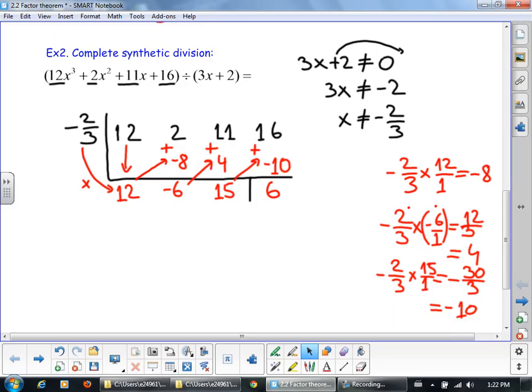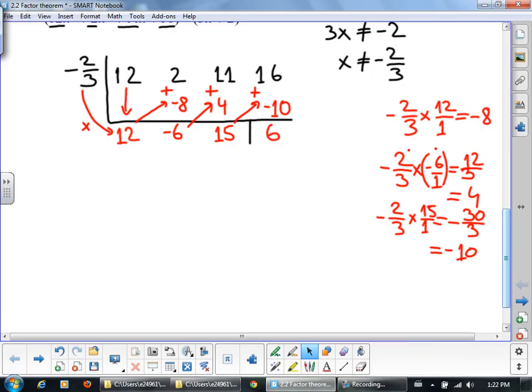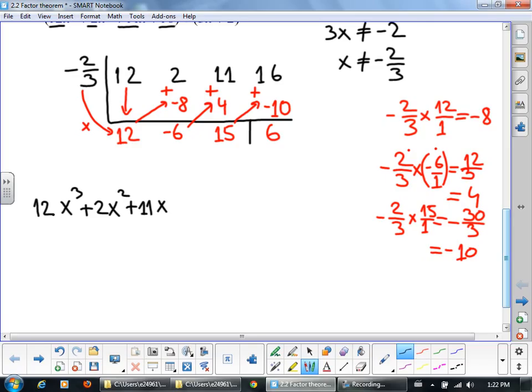Now to extract the answer, I'm just going to write a division statement. So we have 12x to the power 3 plus 2x squared plus 11x plus 16.